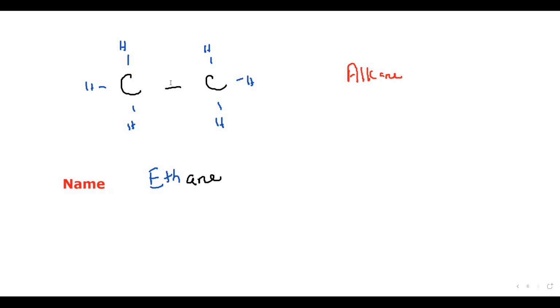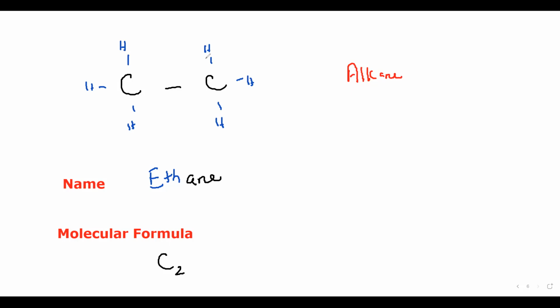Now, what is the molecular formula? Molecular formula represents the actual number of atoms. How many carbon atoms are there when we count? 1 and 2 carbon atoms. So C2.